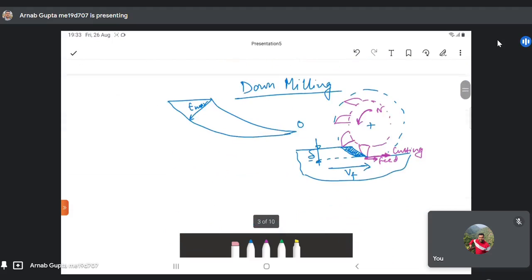And also in case of down milling, the chattering frequency will be high, because every time the tooth is engaging at a higher chip thickness.